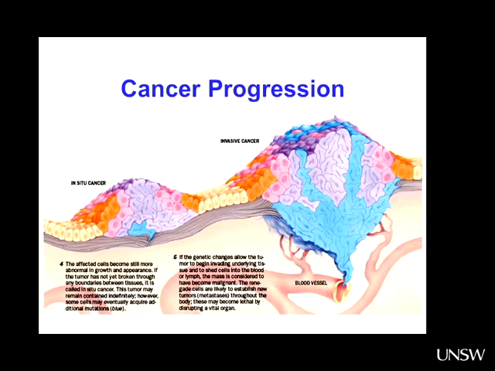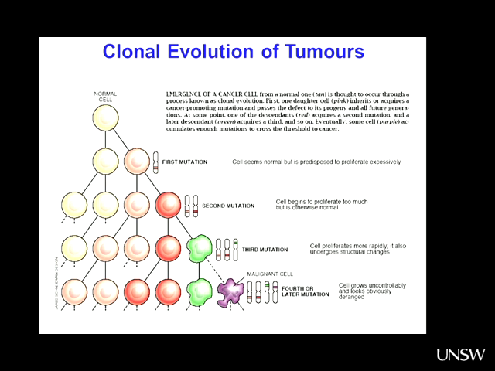So what we've seen is there need to be several successive genetic changes in a particular cell for it to then give rise to this tumour mass, to give rise to the fully malignant invasive tumour. And so the thinking that I showed you is that you have a clonal evolution of cancer.